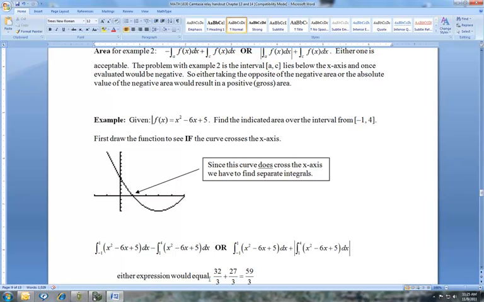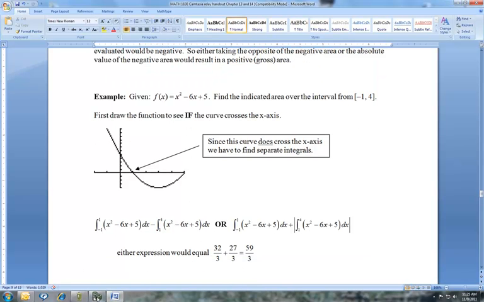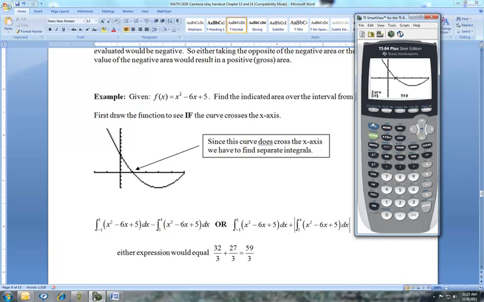Now it says either expression will be equal. Well, let's see. Let me get my calculator back up. Let's do second, calc, number 7. I'm going to do from -1 to 1. 10.66, let's see, it's 10 2/3, so that would be 32/3. Okay, now I want you to look at what happens on the calculator when I do the other one.